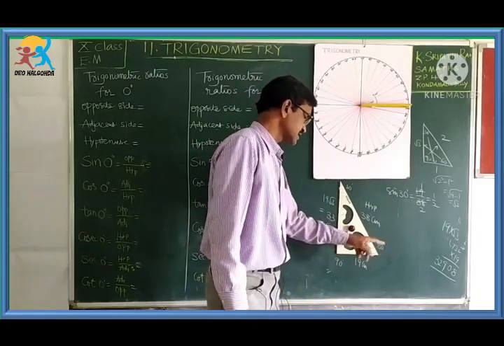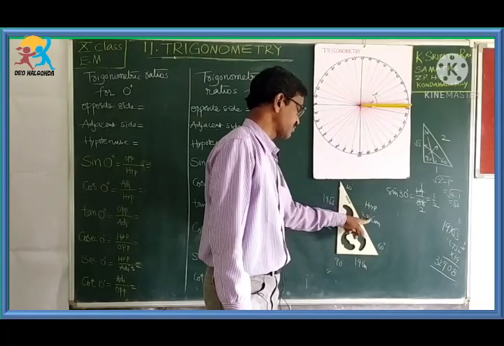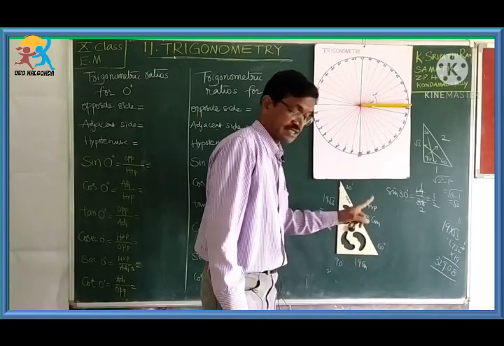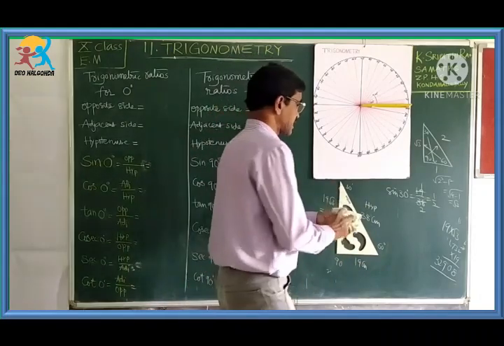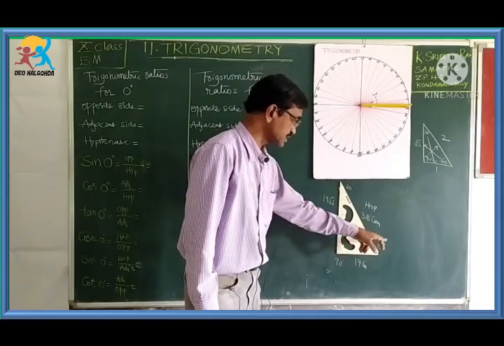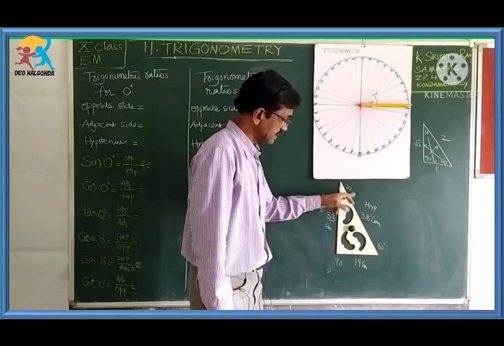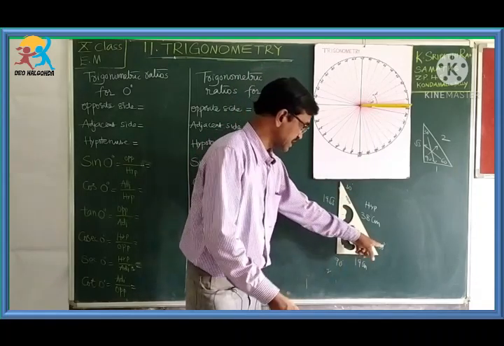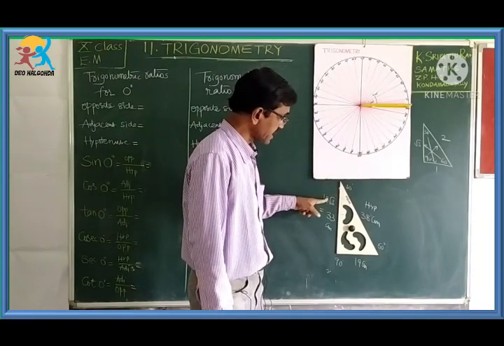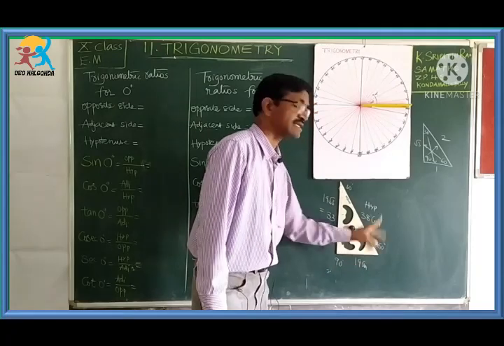For 60 degrees, sin 60 is equal to opposite side 19 root 3 by hypotenuse, cos 60 is equal to adjacent side by hypotenuse. Here one thing we have to understand: opposite to 30 degrees is 19, opposite to 60 is 19 root 3, adjacent side to 30 is 19 root 3, adjacent side to 60 is 19, but the hypotenuse is the same.